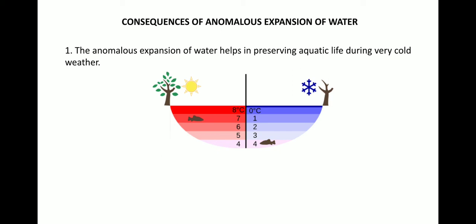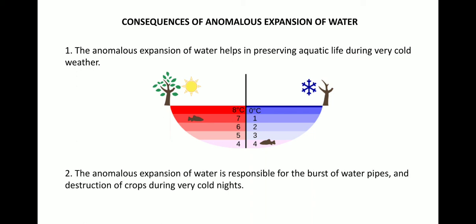When the day is very cold, the water at the surface is at 0 degrees Celsius, which becomes ice, and gradually below the surface the water is at higher temperatures, that is from 1 degree up to 4 degrees Celsius. And water at 4 degrees Celsius, being the densest of all, remains at the bottom, and it will not freeze as ice, and it supports the marine life.